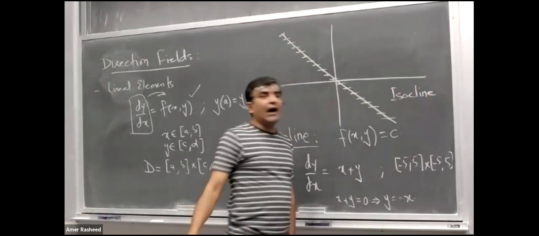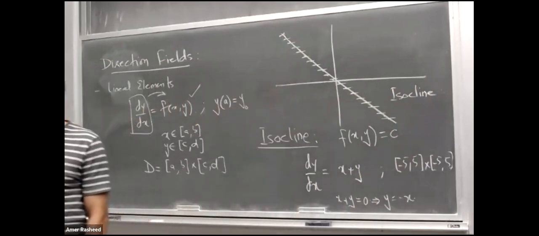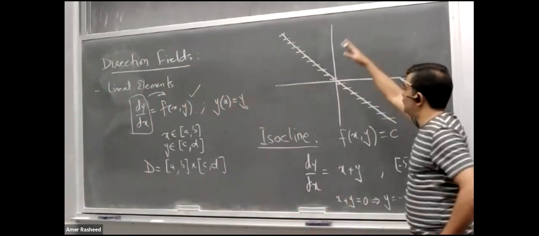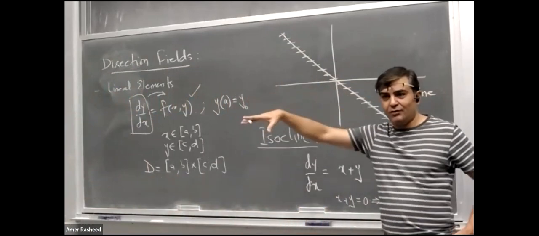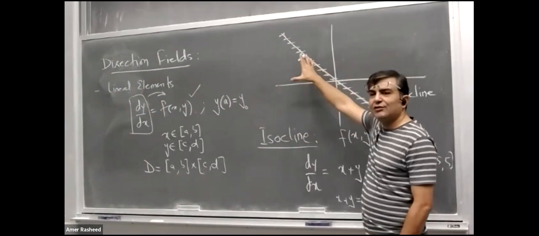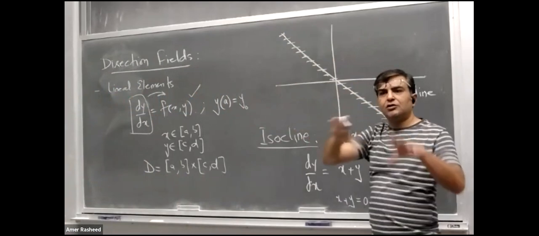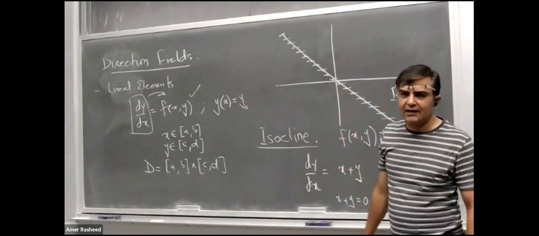In fact, isoclines in the solution of a differential equation divide the two-dimensional plane. Okay. If we have one isocline, then it will divide the solution plane into two subgroups. You can see that. Okay.